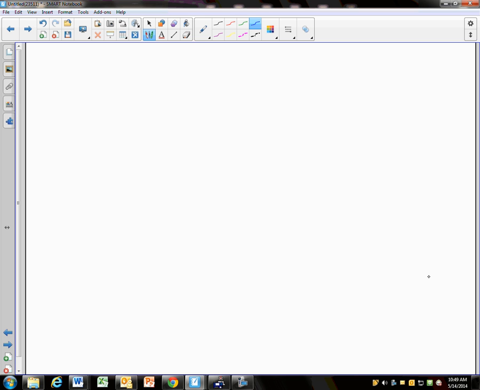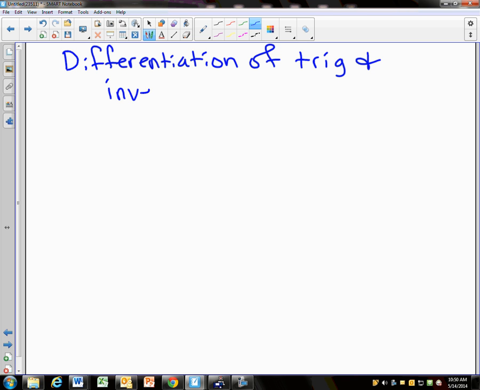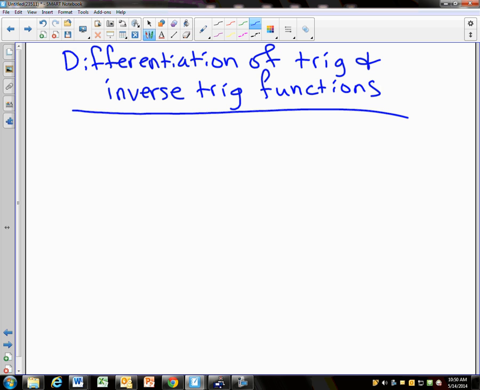On the back side of your differentiation sheet, so you've got this sheet right here, flip to the back. Yep, on the back side.